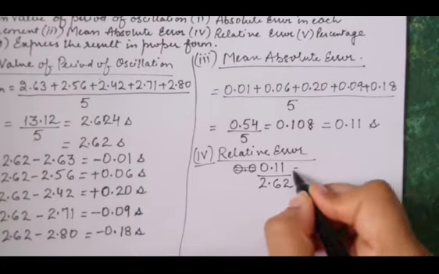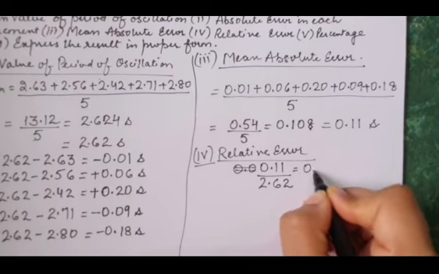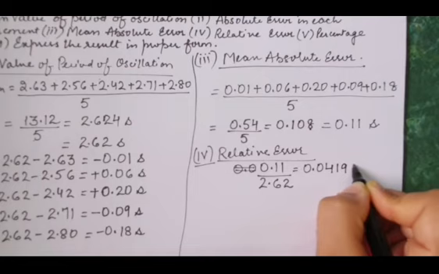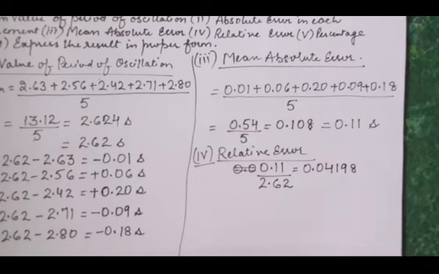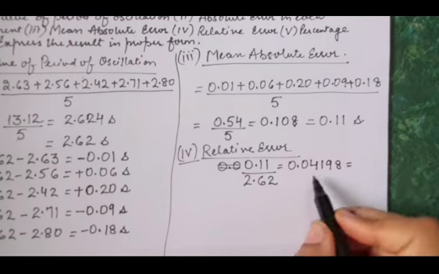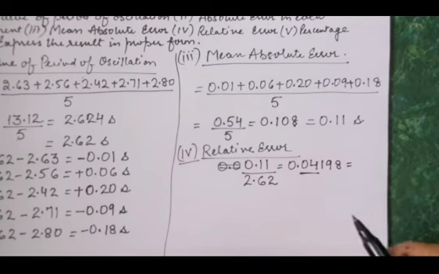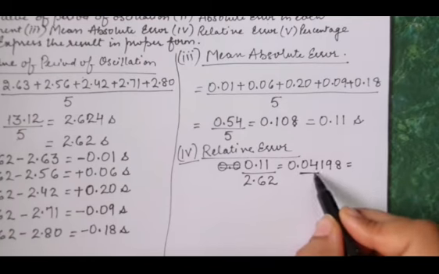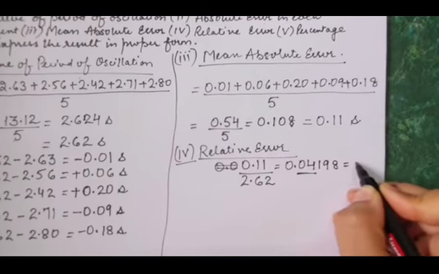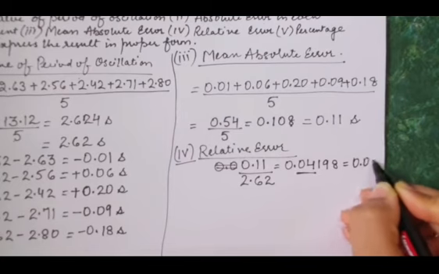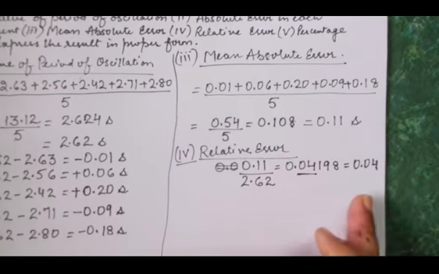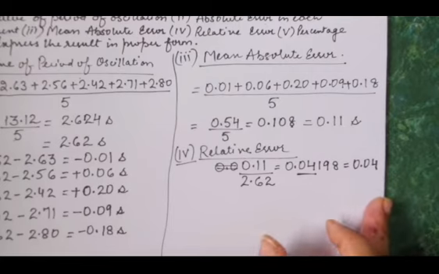On dividing it, I will get 0.04198. Again, I have to round it off to 2 decimal places. After 4, there is 1, which is less than 5, so the 4 will not be increased. It will remain as such. So the relative error is 0.04.